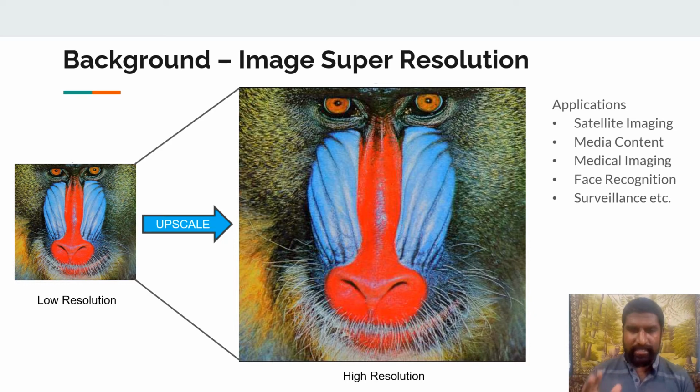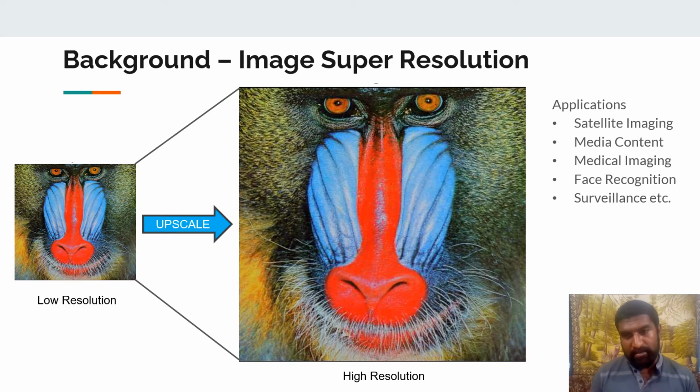Super resolution, in simple terms, means given an image of low resolution, we are going to increase its resolution by a certain factor, preferably keeping the image details intact as much as possible. The applications of image super resolution are huge.